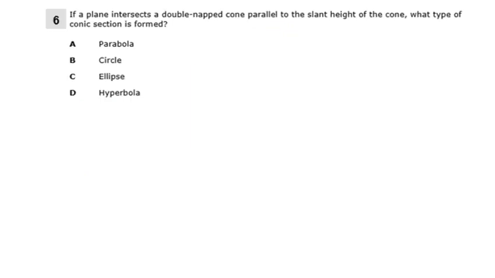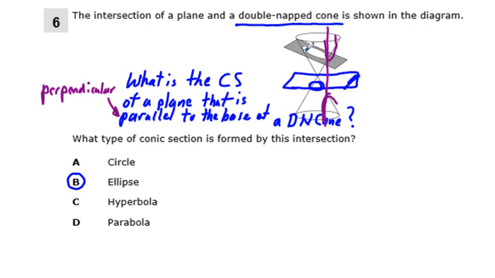And number 6 here is a related question. If a plane intersects a double napped cone parallel to the slant height of the cone, what type of conic section is formed? Well, parallel to the slant height, not parallel to the base, that's another one, because if you go parallel to the slant height like this, what you end up with is a parabola.